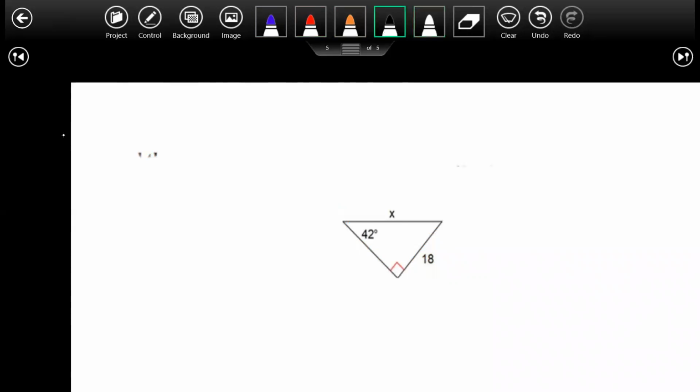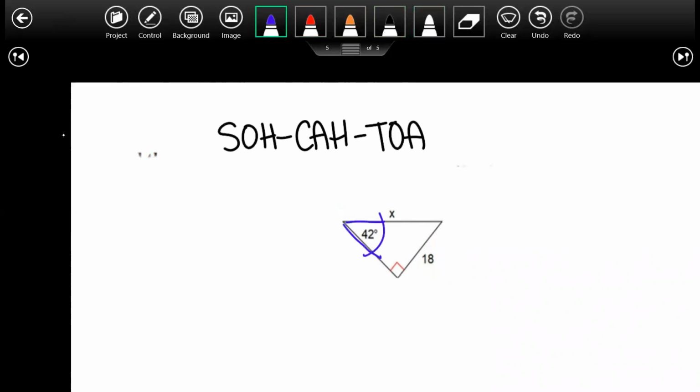What's the acronym we use? SOHCAHTOA. What's our reference angle? What angle do we want to use? 42. We want to be able to use that angle.